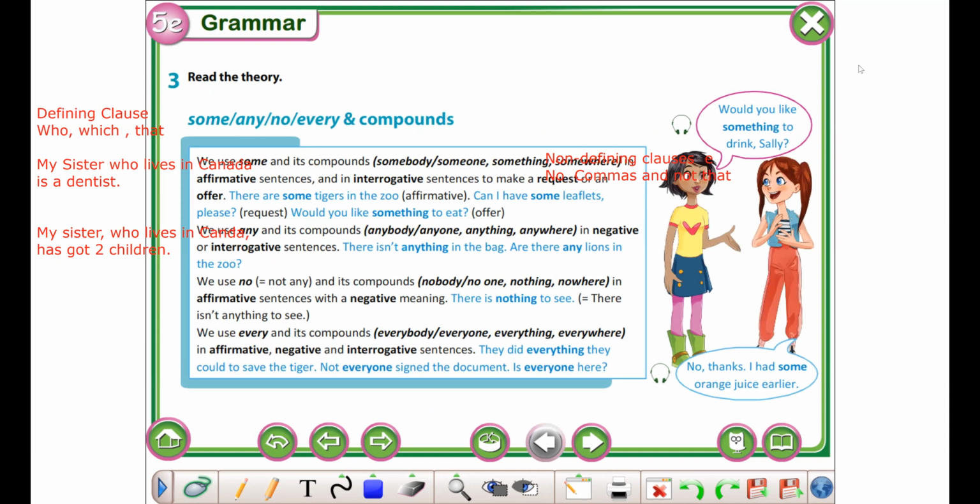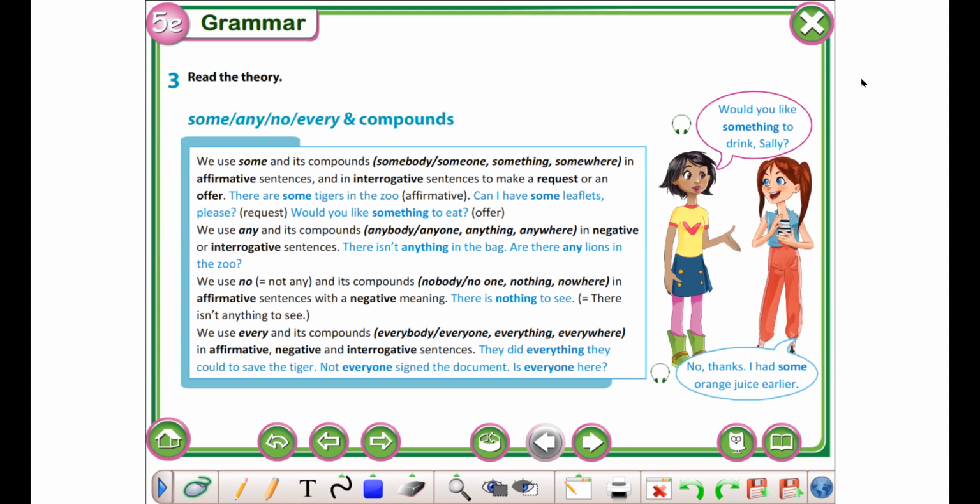Следваме си реда на упражнението. We use some and its compounds, somebody, someone, something, somewhere, in affirmative sentence. And in interrogative sentence to make a request or an offer.